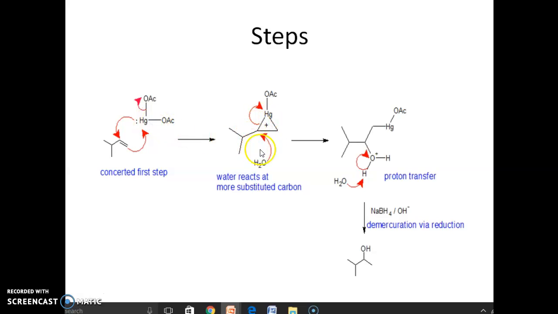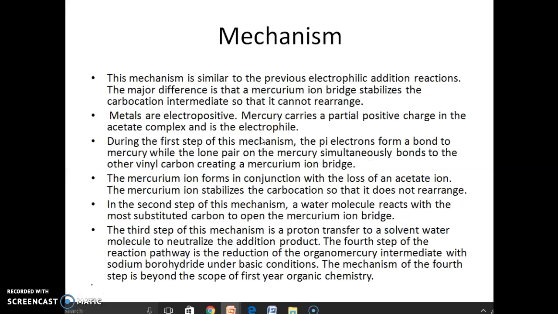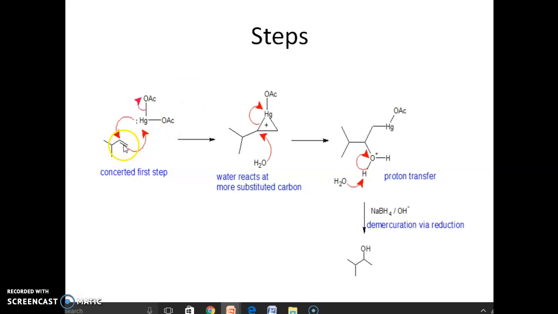This is called the mercurium ion bridge, which is with the carbocation. The pi electrons from the double bond are transferred to mercury, and at the same time the lone pair of electrons on the mercury are transferred to the molecule along with the simultaneous removal of the acetate group.